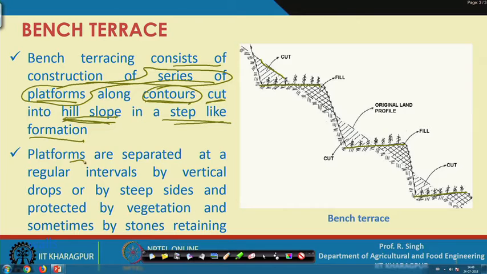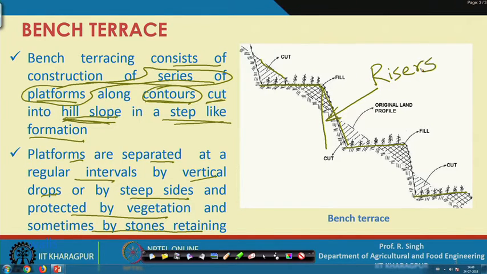And platforms are separated at a regular interval by vertical drops or by steep sides and protected by vegetation and sometimes by stones retaining. So, this means that these platforms or these steps, they are separated at regular intervals by these either vertical or slanted, and these are referred to as risers.